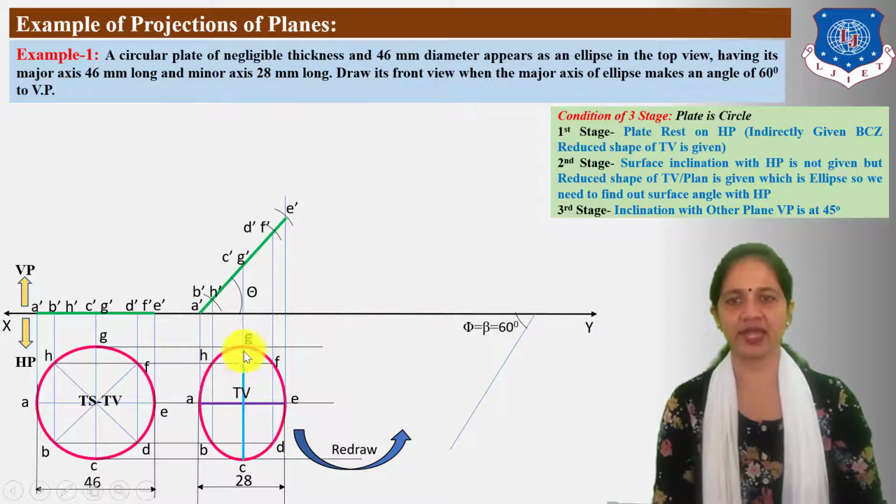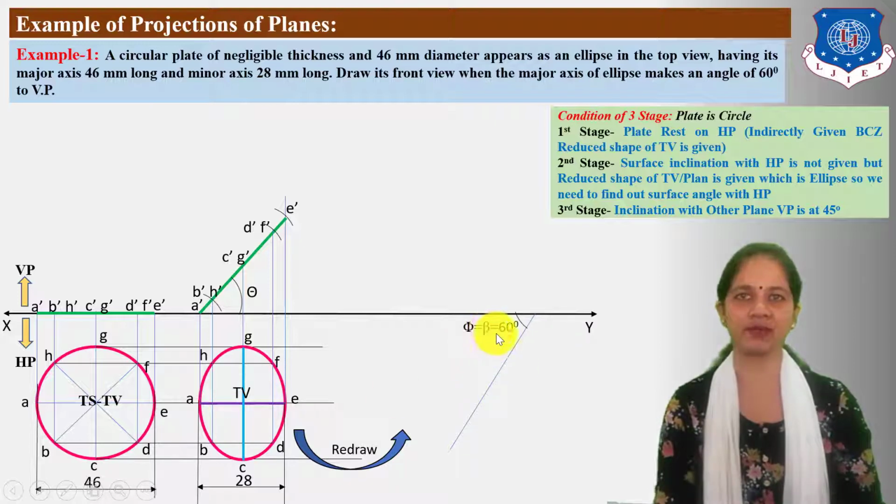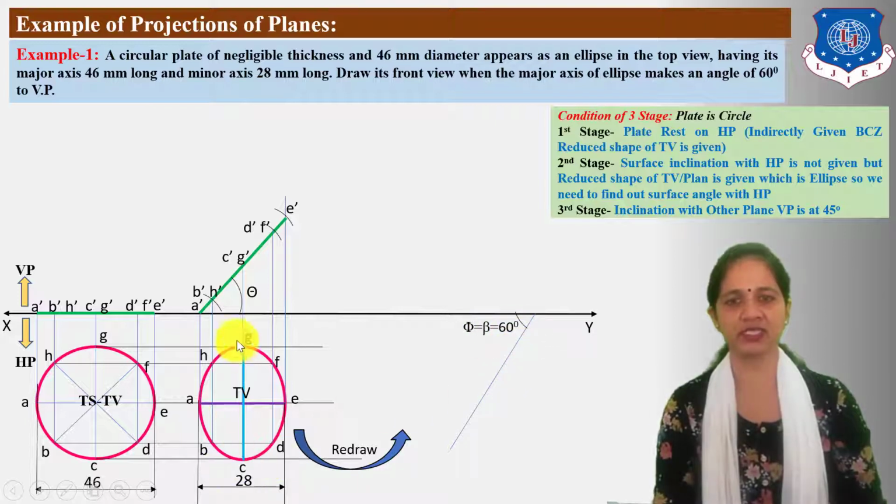Here the length of the major axis in true shape and in apparent shape are both the same. So true angle with VP is equal to apparent angle with VP, which is 60. So keep the CG points on the 60 degree angle line. From the CG middle point, draw the AE minor axis.